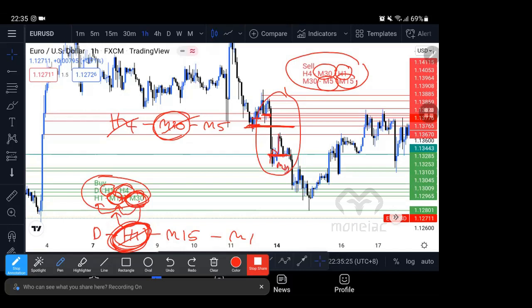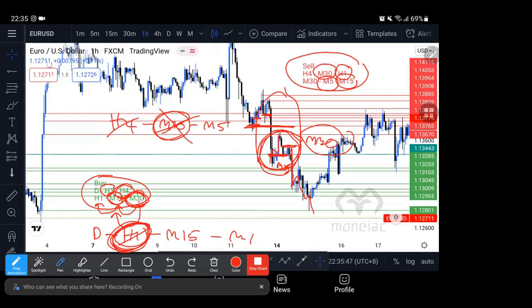When at M15, we take our entry at M15 and look at the M30 bias over here. Does the price really break the M30? No, it doesn't break. So this is how the buy fails over here and then drops even lower.